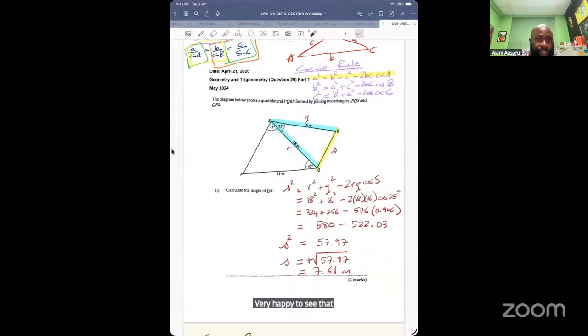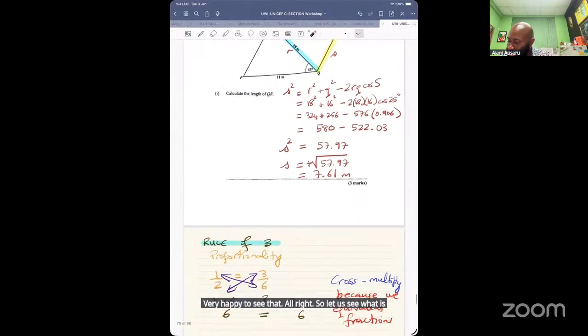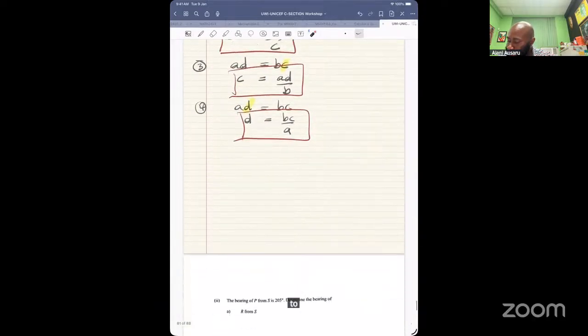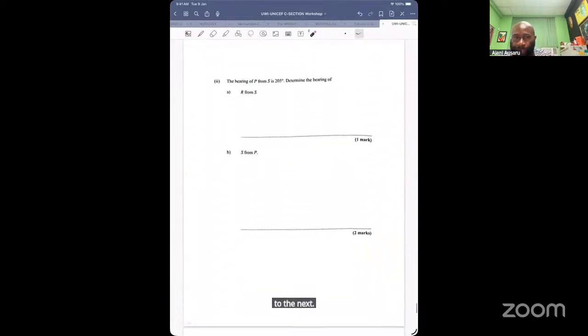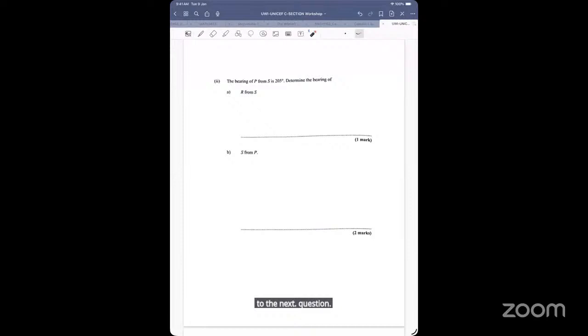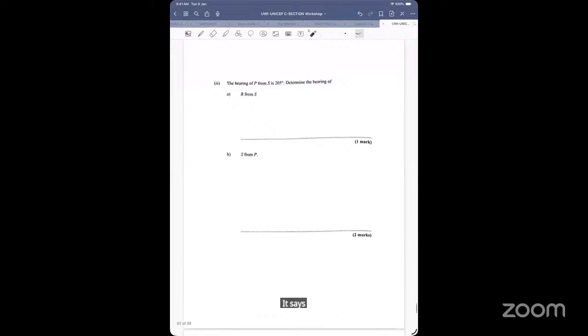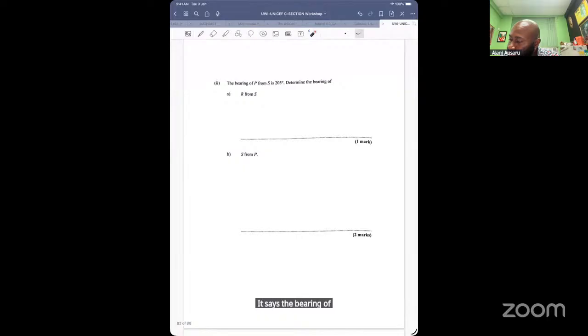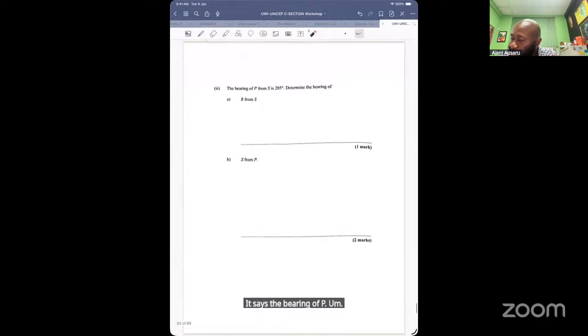All right, so let us see what else. We're going to move on to the next question. It says the bearing of P from S is 205 degrees, so on and so forth.